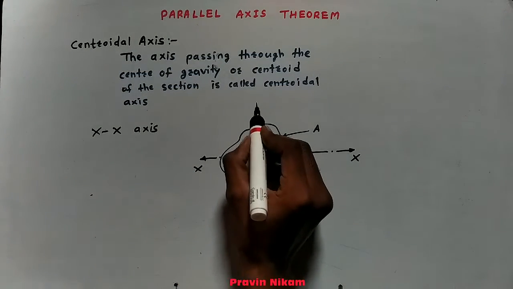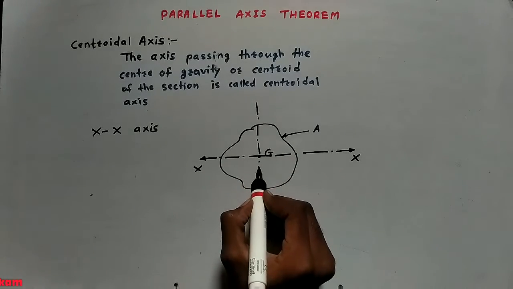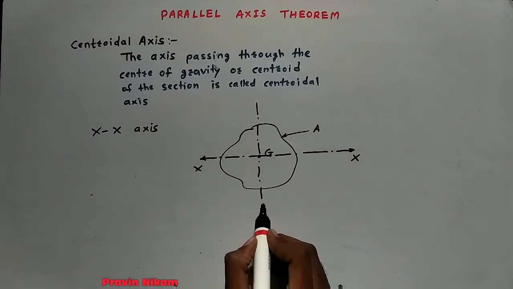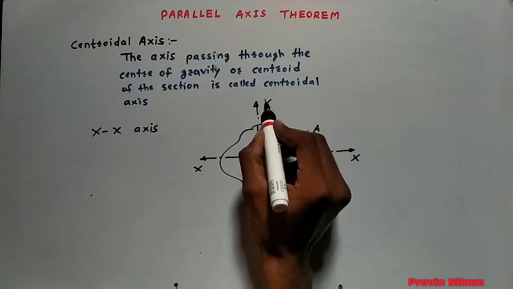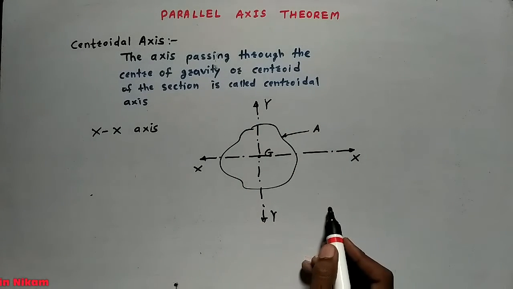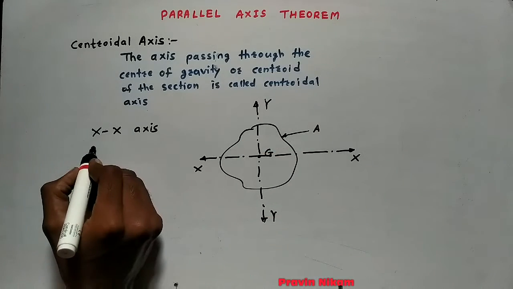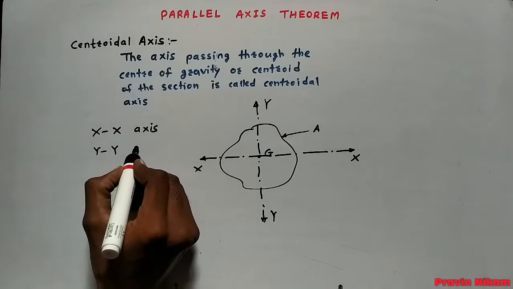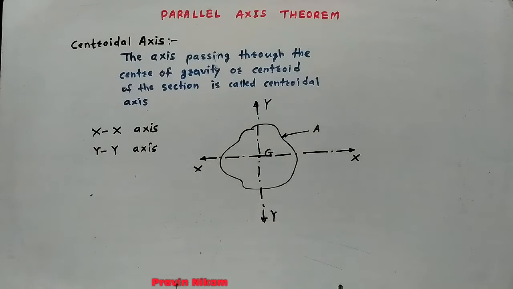And the axis passing through the centroid vertically is called the YY axis. So this is the YY centroidal axis or vertical centroidal axis. This is the centroidal axis.